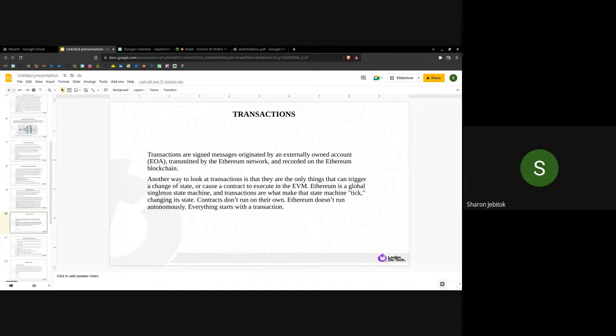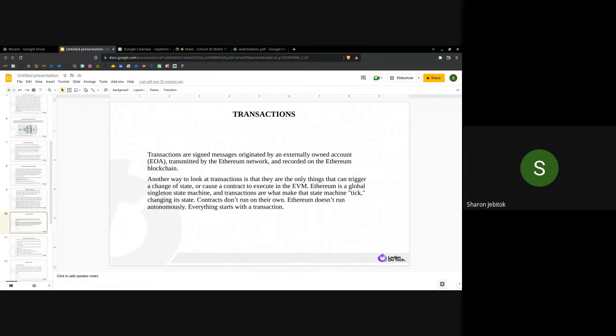Ethereum is a singleton state machine, and transactions are what make the state machine tick, changing its state. Normally, when we are talking about the EVM, we talk about it being this state machine that runs on the Ethereum network, and for its state to change, transactions have to occur.